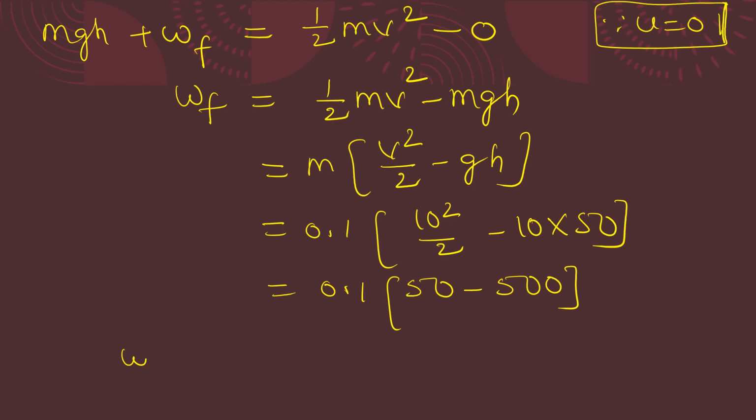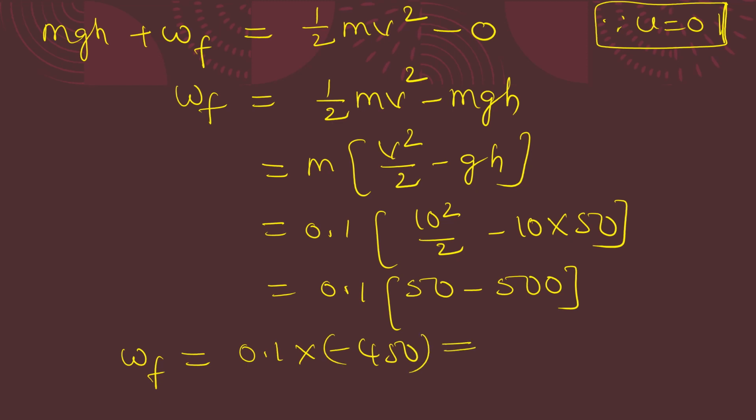So we get work done by air resistance Wf is equal to 0.1 into 50 minus 500, minus 450.